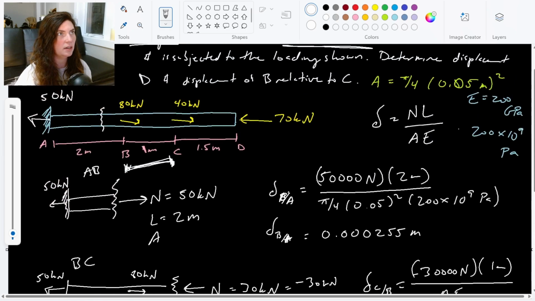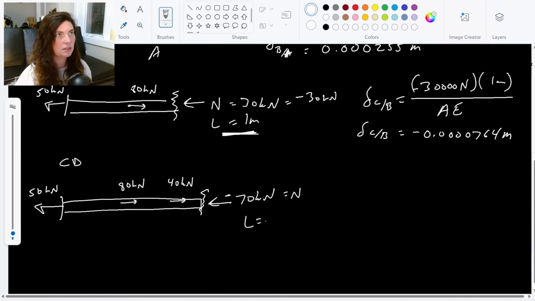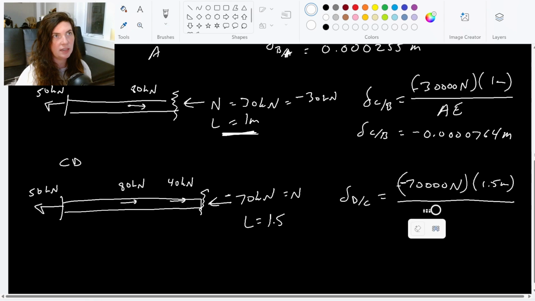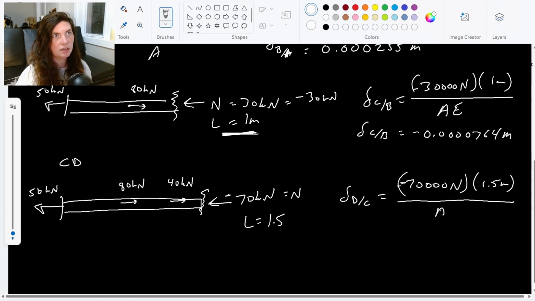And the length up here, so I have a negative 70, and then my length is this 1.5 just for section CD. Length is 1.5. So the displacement of D with respect to C, just section CD, how D moves in comparison to C, is going to be negative 70,000 newtons times 1.5 meters over the same area and modulus of elasticity that we've been using.